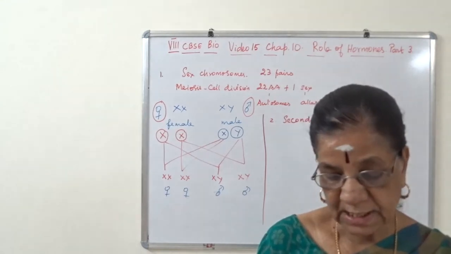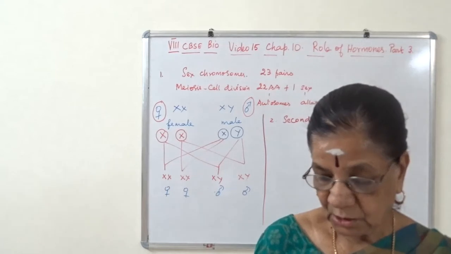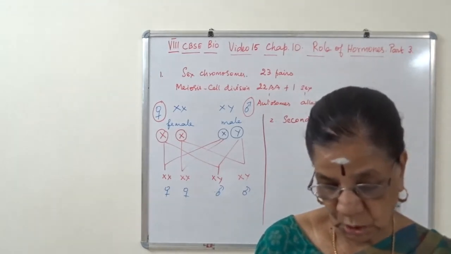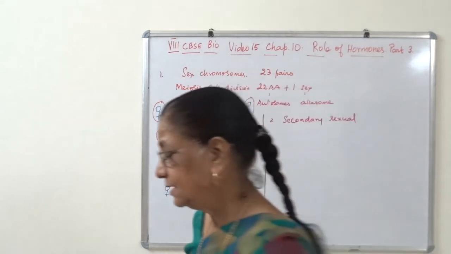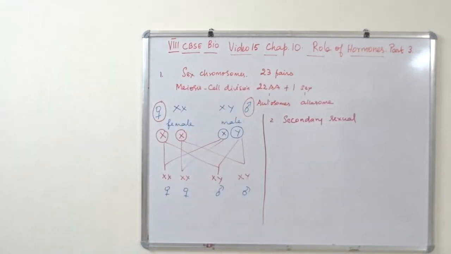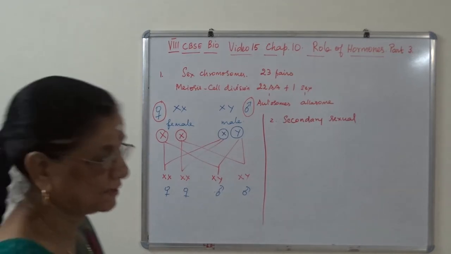It acts on glands that produce vaginal secretion. Along with other hormones, it also controls the menstrual cycle. What the menstrual cycle is, you have to follow that one. So that is for secondary sexual characters.